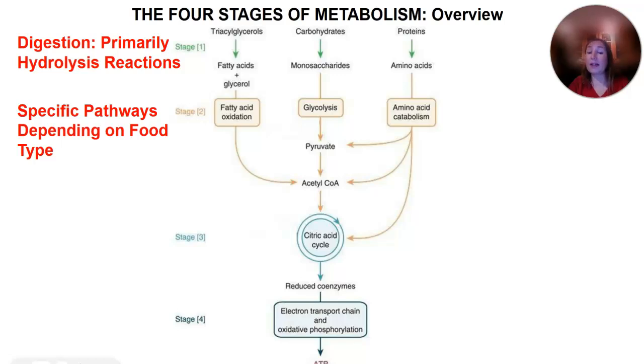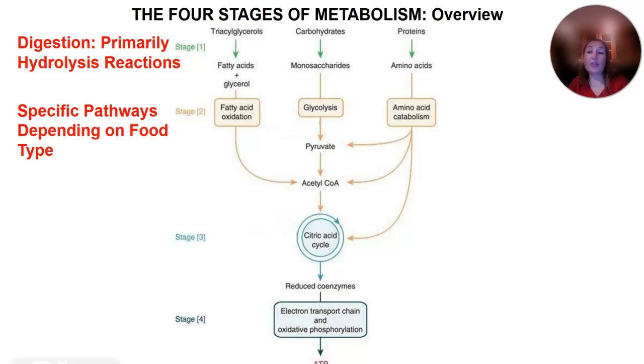All of these eventually result in the formation of acetyl-CoA, or what we sometimes even call C2 for the acetyl group. So they all result in this acetyl-CoA. In glycolysis and amino acid catabolism, they go through pyruvate.